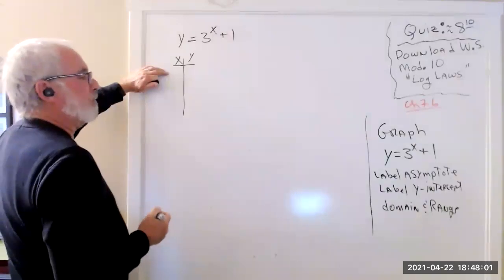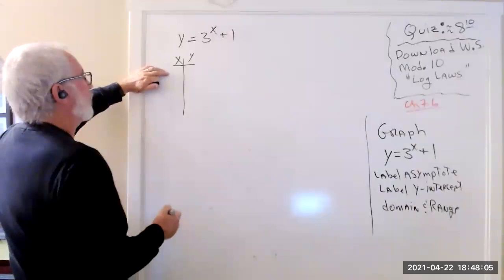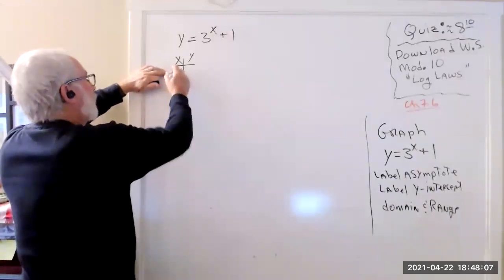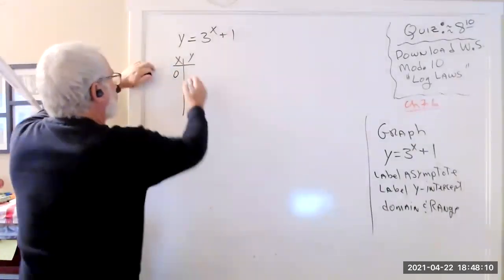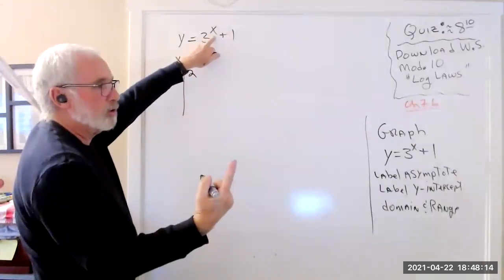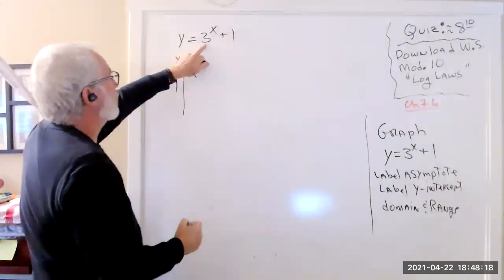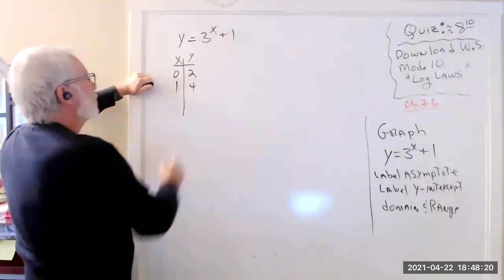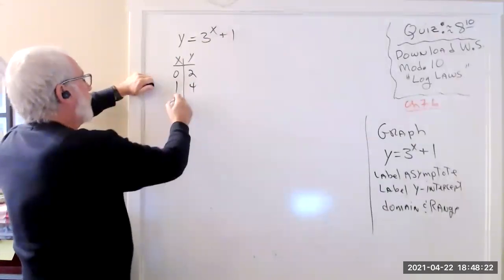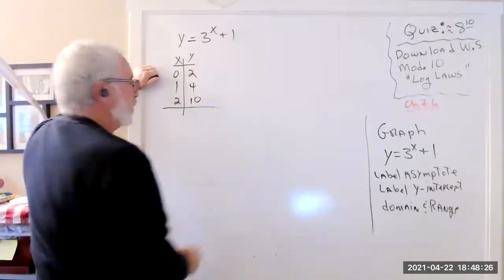Again, the way I've been suggesting you do this is building a table of values. When x is 0, this is worth 2: 3 to the 0 is 1, plus 1 is 2. When x is 1, this is 4. When x is 2, this is 10, and that's good enough.